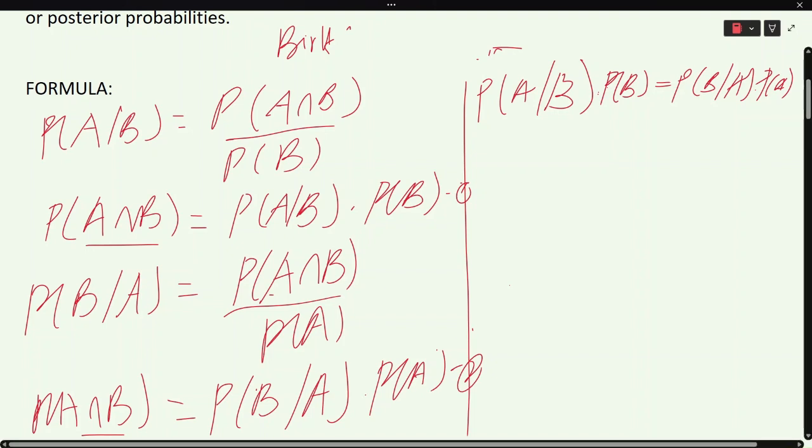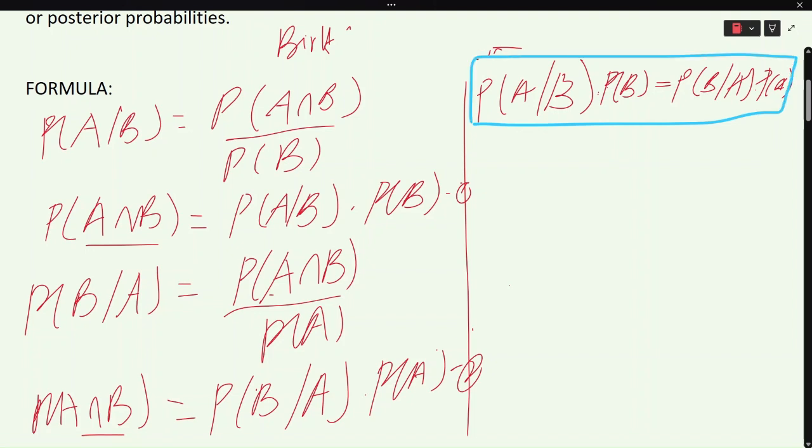What I want to say is, this theorem is simple. If you have the probability of A given B, and you're being asked to find the probability of B given A, what do we do?